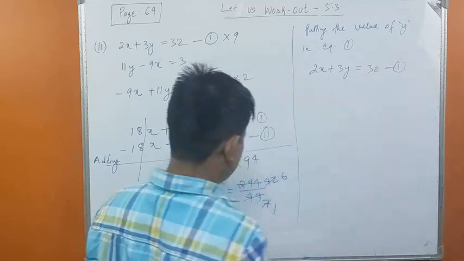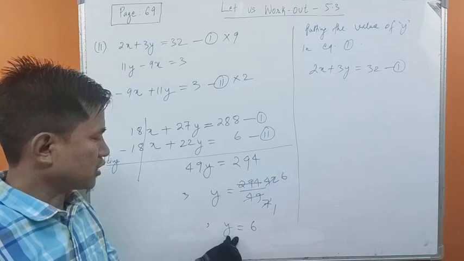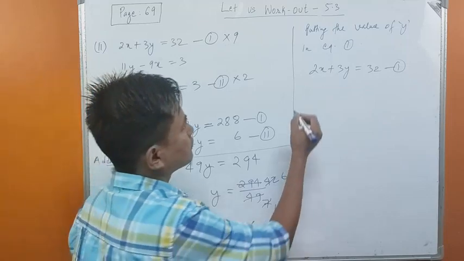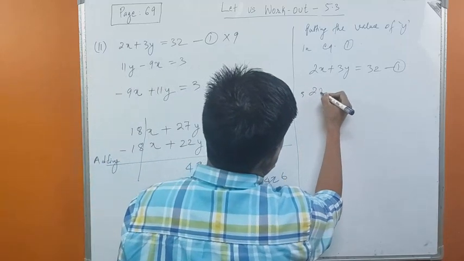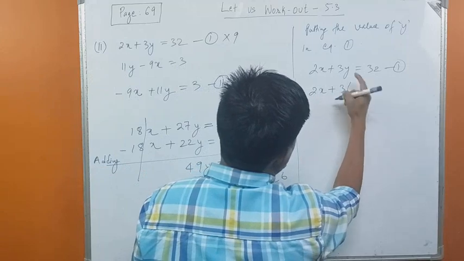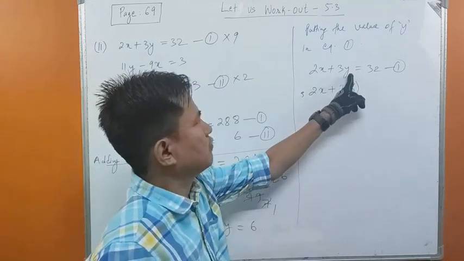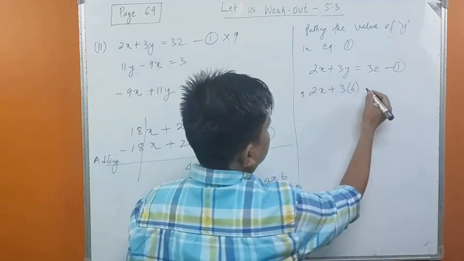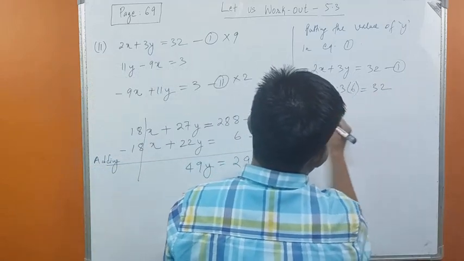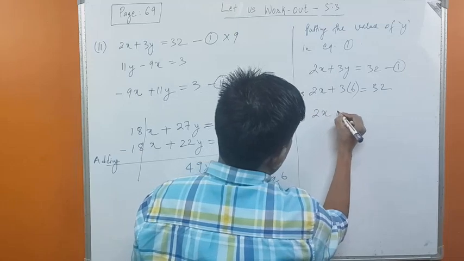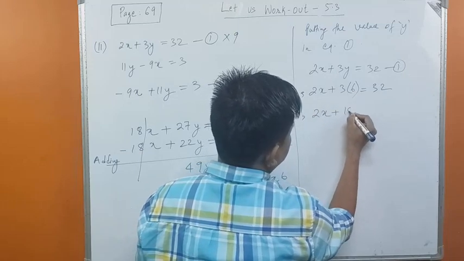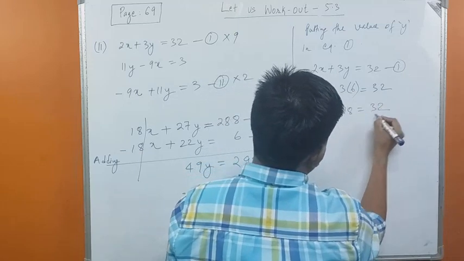So let me put the value of y. y is 6. So instead of y, I write 6, okay? Or 2x plus 3, instead of y, I need to write 6, isn't it? Because y is 6. So 3y means 3 into 6 equals 32. Or 2x plus 3 6s are 18 equals 32.